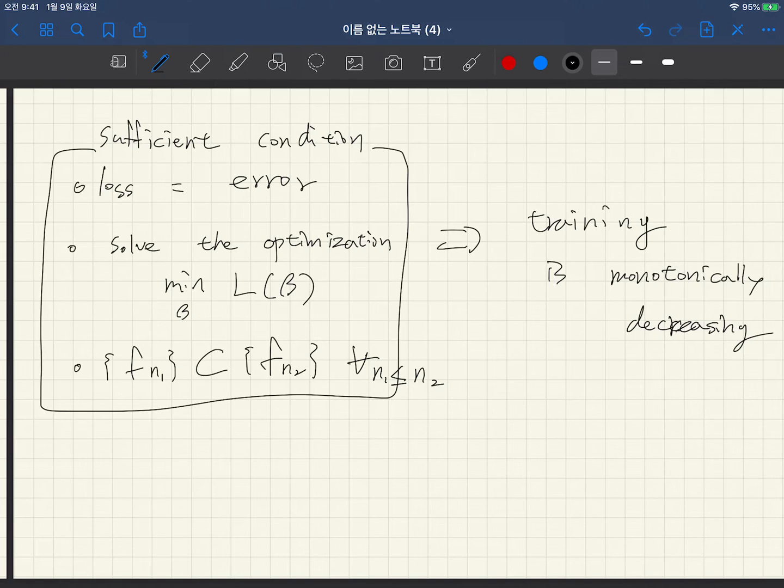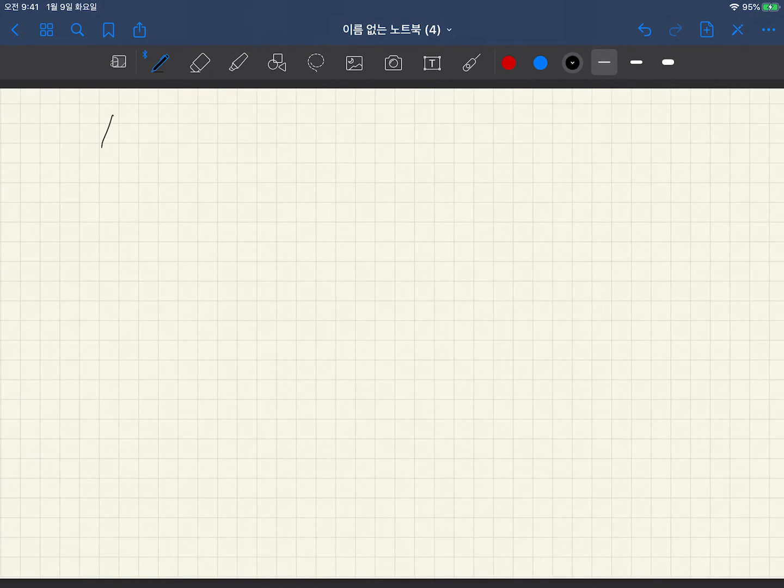Okay, let's see the first case. What is the meaning of the loss function not being the error function? So when you train your algorithm with this |yi minus f(xi)|, this absolute mean loss value.